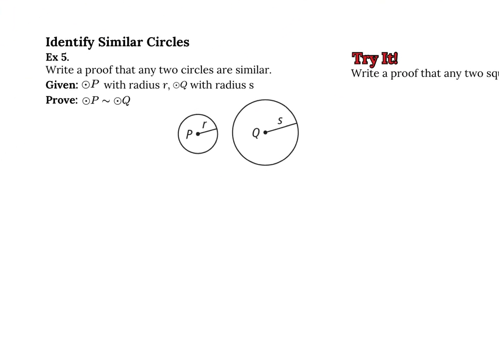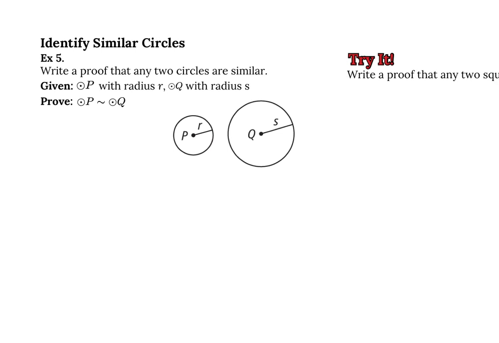All right, example 5, we want to write a proof that any 2 circles are similar. All right, so we're given circle P with a radius R and circle Q with a radius of S, and we need to prove that the 2 circles are similar.